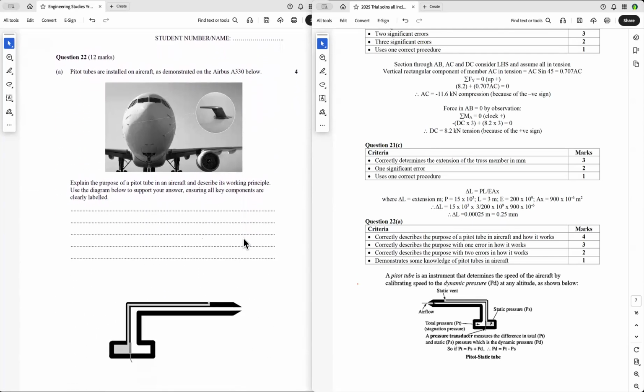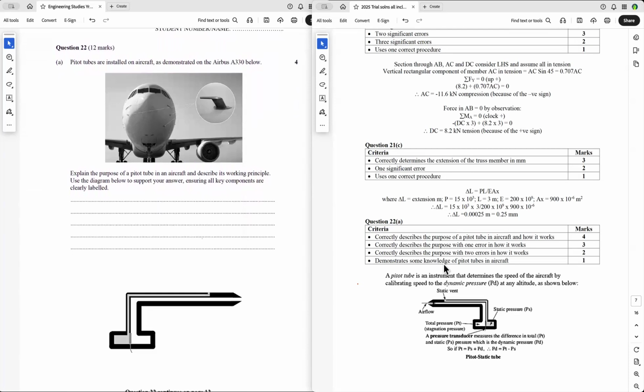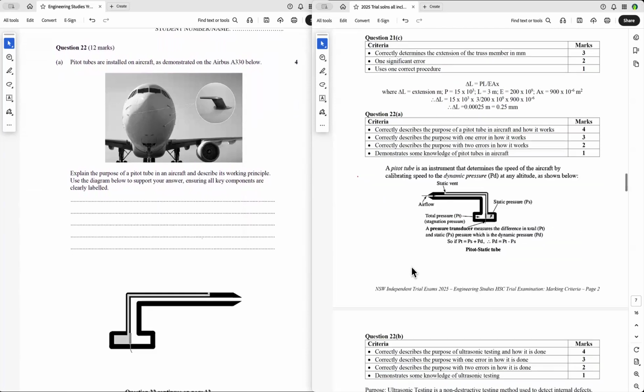Now, the next question involves pitot tubes, and the pitot tubes are these tubes you see at the front of the aircraft, and these are designed to give the plane its airspeed. And this is how it works. You've got dynamic air rushing in down here.